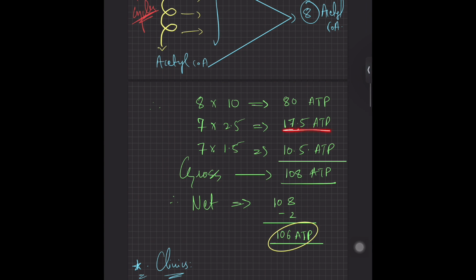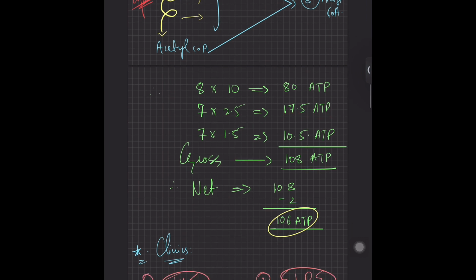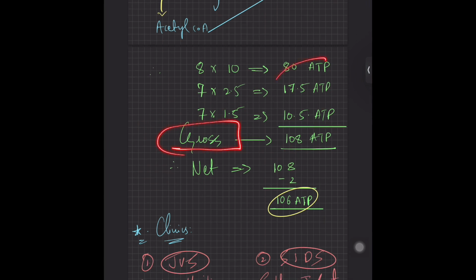So there is 17.5 ATPs produced. The same way, there are 7 cycles occurring, and one FADH2 is produced per cycle. So 1 FADH2 produces 1.5 ATP. So 7 into 1.5 gives you 10.5 ATP. Grossly, if we add all the things, we'll get 108 ATP in total.